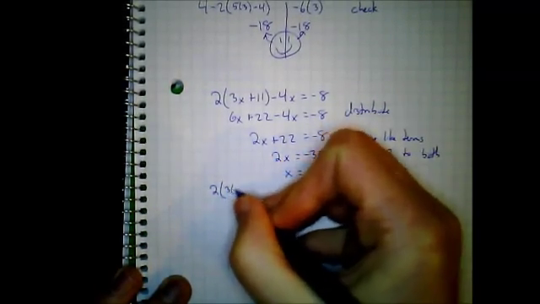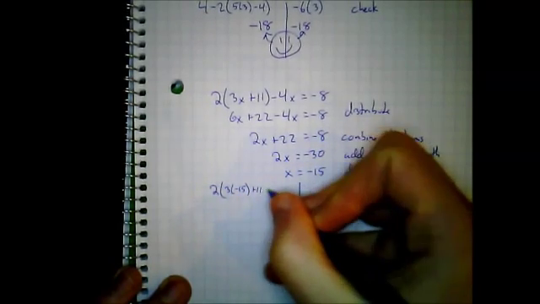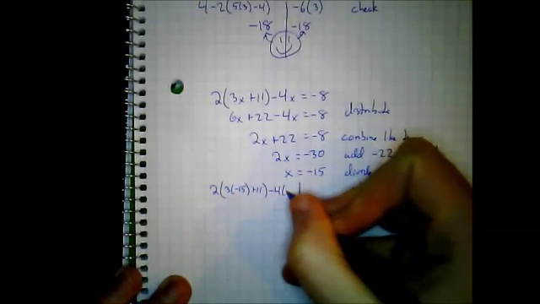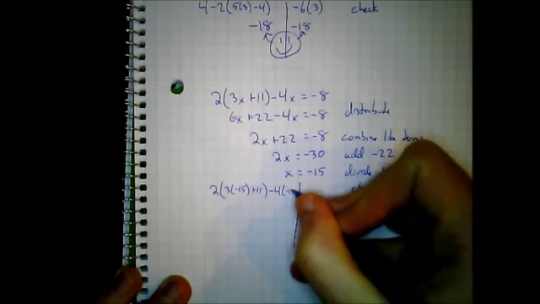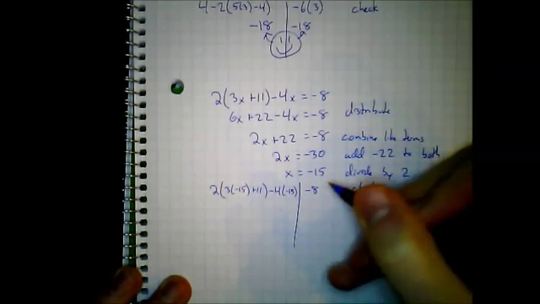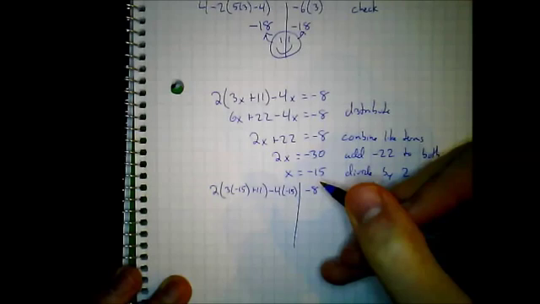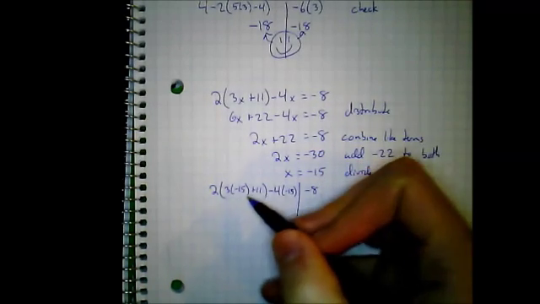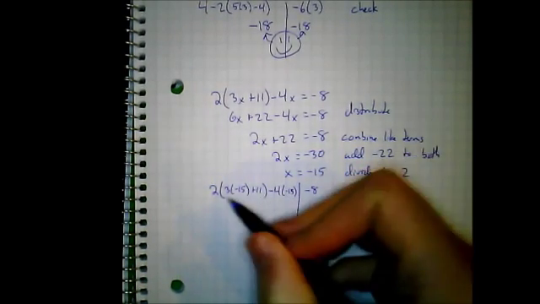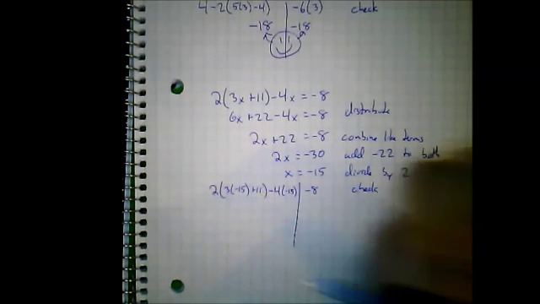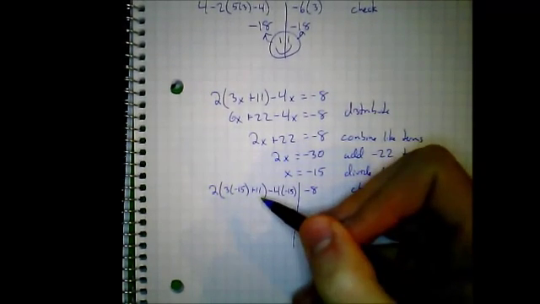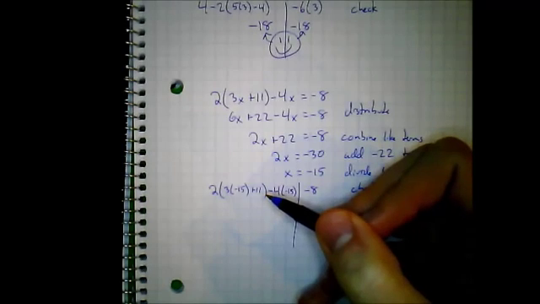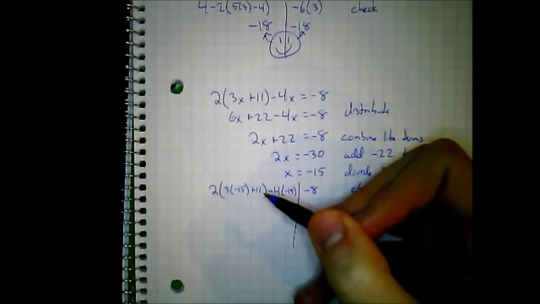2 times 3 times negative 15 plus 11 minus 4 times negative 15. And we hope this equals negative 8. Okay, so we can just type this all into our calculator. 3 times negative 15 is negative 45. Negative 45 plus 11 is negative 34.